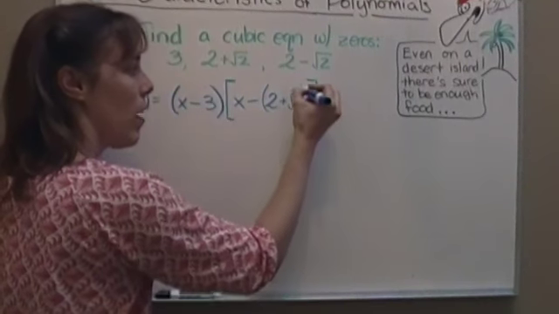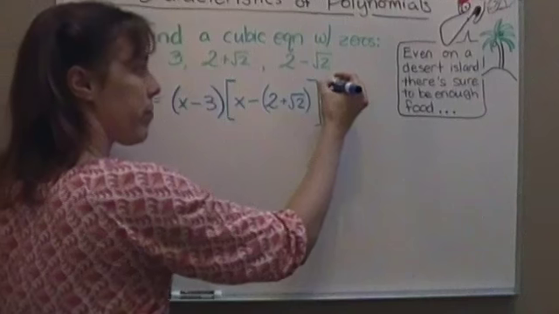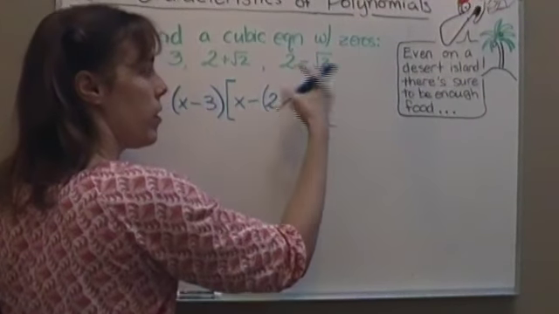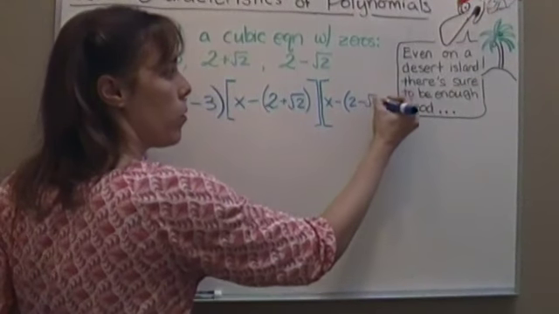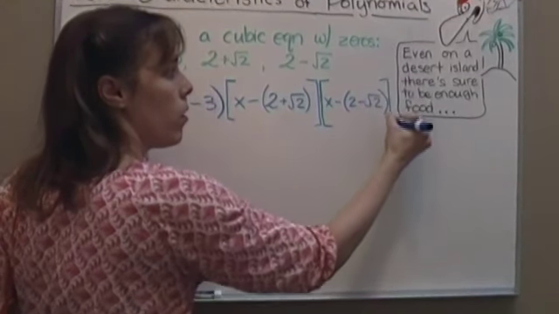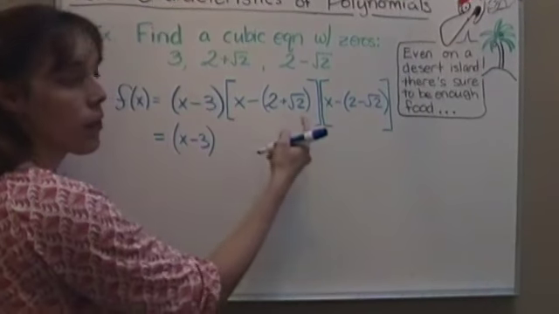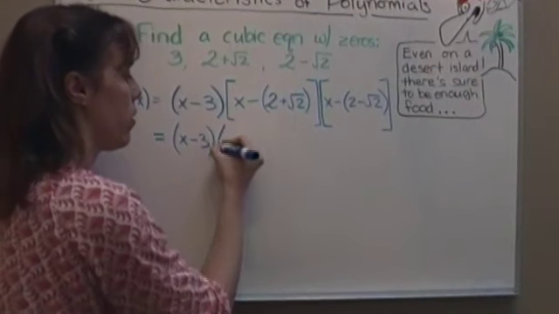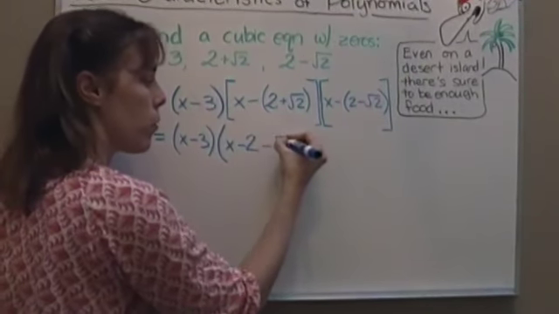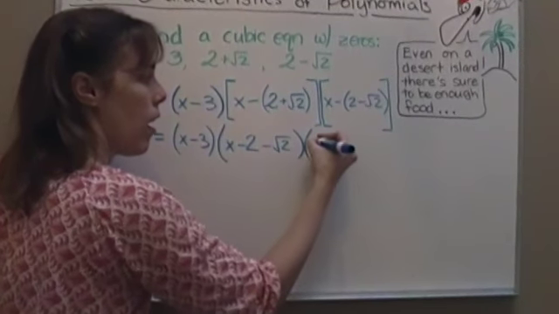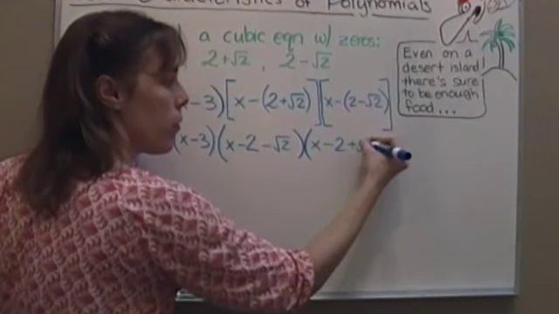And again, for this one, x minus 2 minus root 2. X minus 3, let's get rid of the brackets and distribute some negatives. X minus 2 minus root 2. X minus 2 plus root 2. Okay.